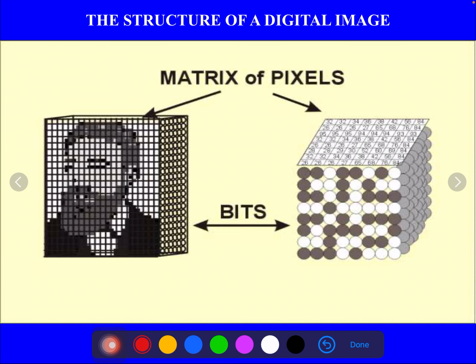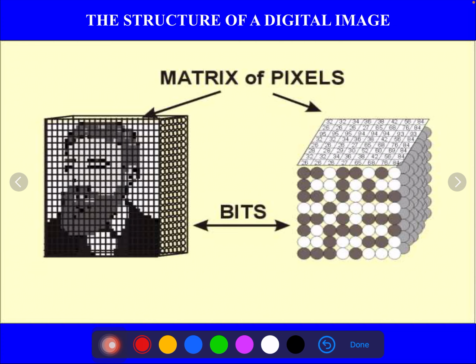In contrast, a computer uses only binary digits, just two digits. It can represent zeros and ones.